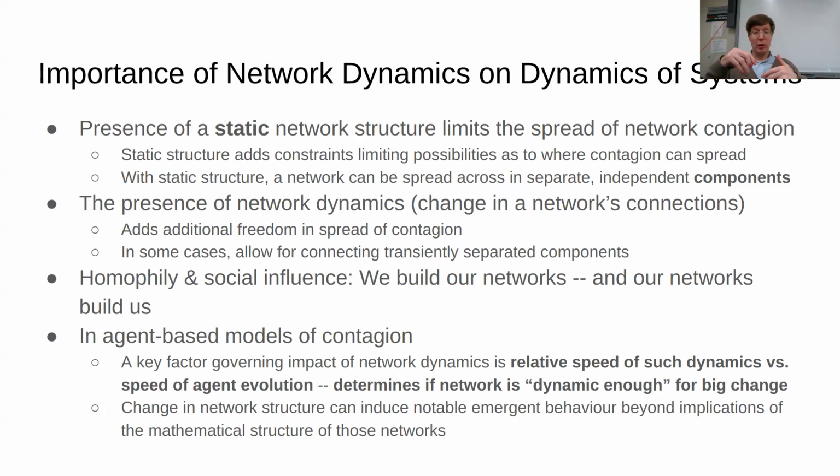And whether it's contagion or spread of innovation or spread of conspiracy theories or rumors or what have you, the structure of networks can limit possibilities, and static structures can really limit possibilities of, say, infection spread.